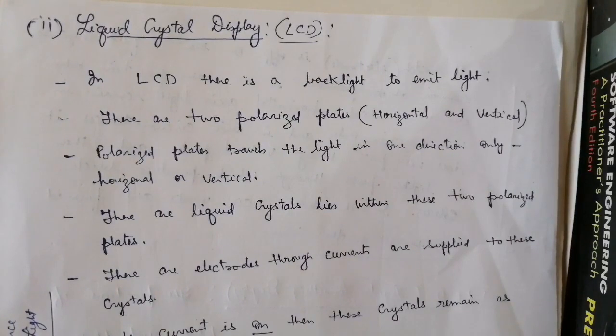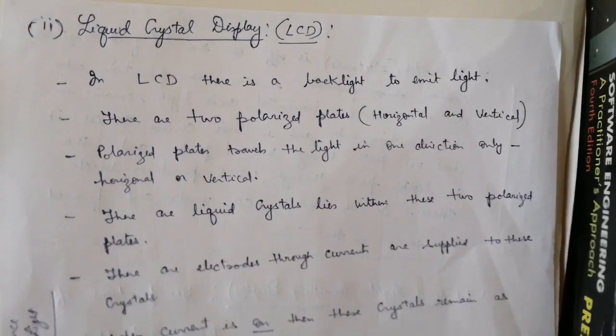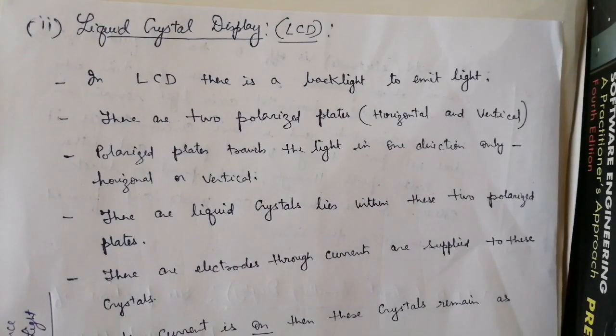Liquid crystal is a material which lies between liquid and gas, which is neither liquid nor gas. That component is used in LCD to produce images. How is it used and how does it help to produce images?